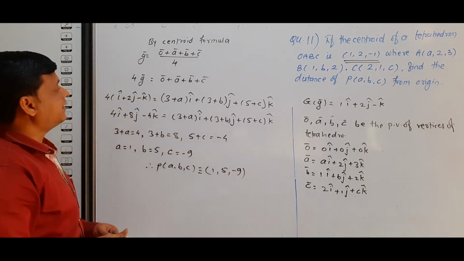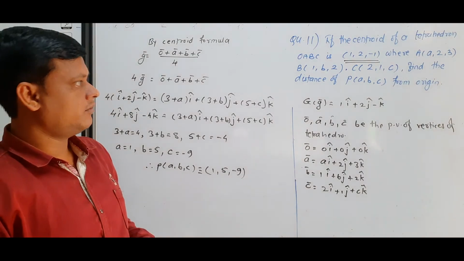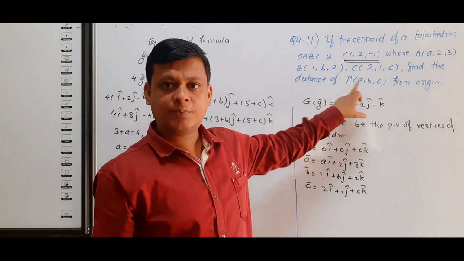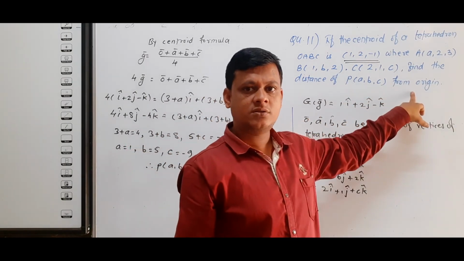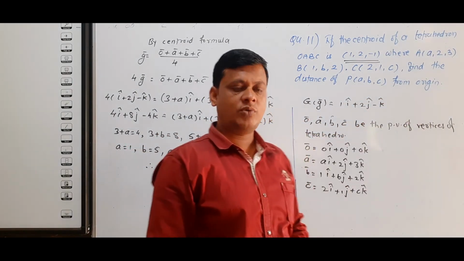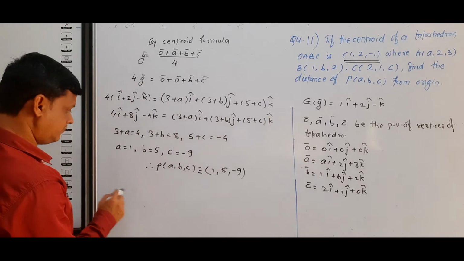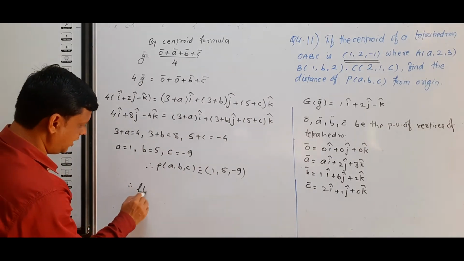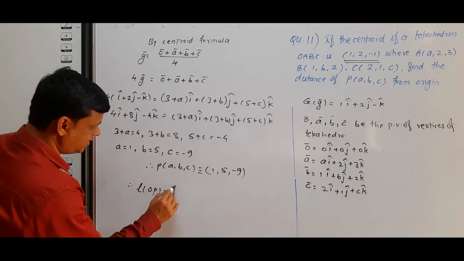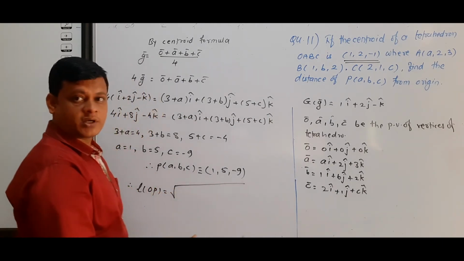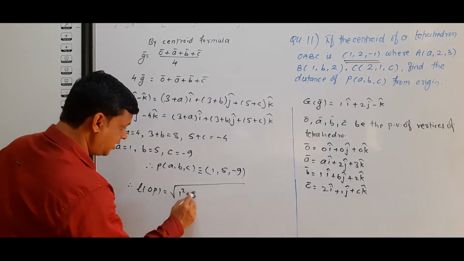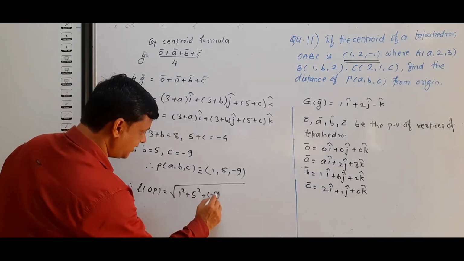Now we have to find the distance of P(A, B, C) from the origin. So we use the distance formula for that. Therefore, we write here length of OP equals under root x square plus y square plus z square, that is 1 square plus 5 square plus (minus 9) square.